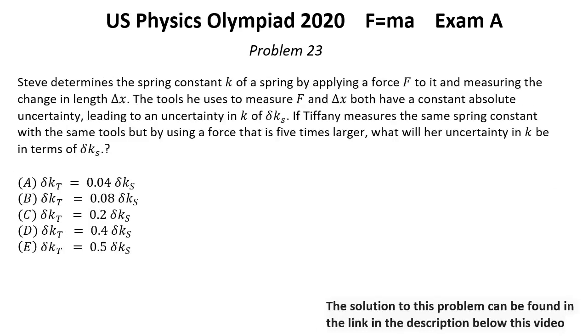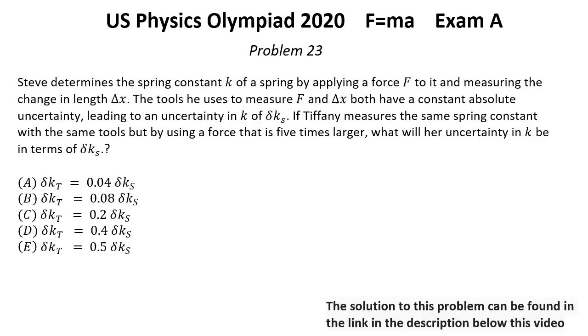Problem number 23. Steve determines the spring constant K of a spring by applying a force F to it and measuring the change in the length dx. The tools he uses to measure F and dx both have a constant absolute uncertainty, leading to an uncertainty in K of delta Ks.